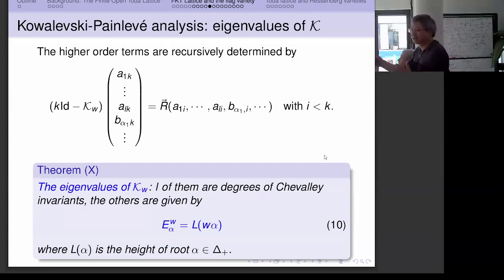Some of these eigenvalues are the degrees of Chevalley invariants, and they are exactly the number of nilpotent elements, or the number of positive roots or negative roots; that many eigenvalues we want to find. And it turns out that I just need to use this W, act on this alpha, and then I take its length.